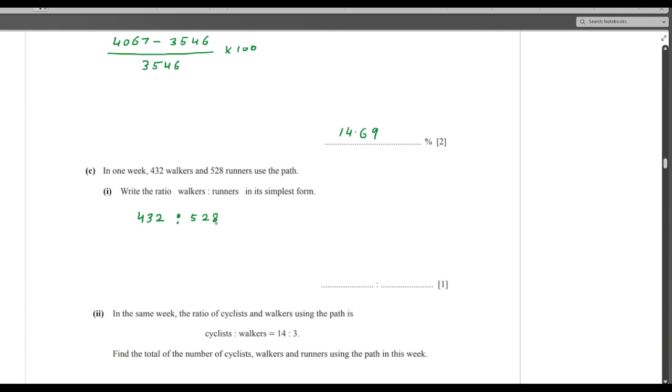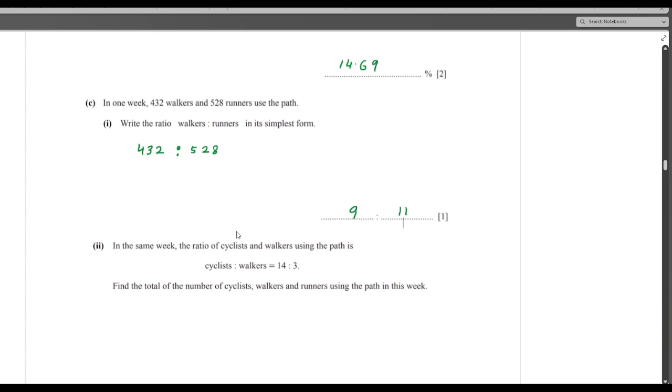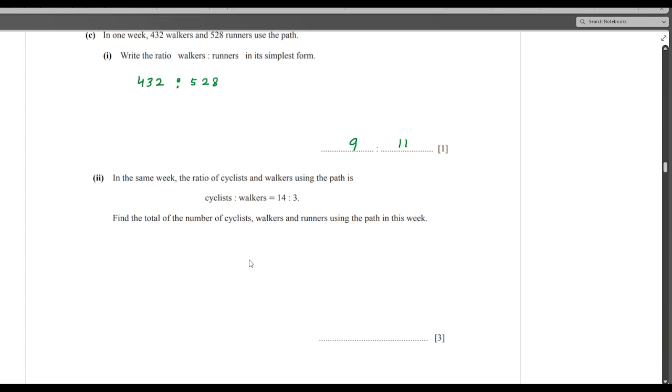Now if you write in your calculator 432 divided by 528, you will get your simplest ratio as 9:11. In the same week, the ratio of cyclists to walkers using the path is 14:3. So your cyclist to walker ratio is 14:3, and your walker to runner ratio is 9:11.